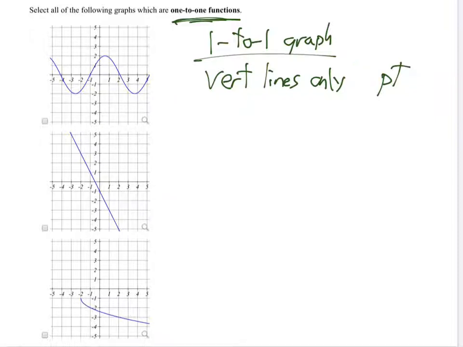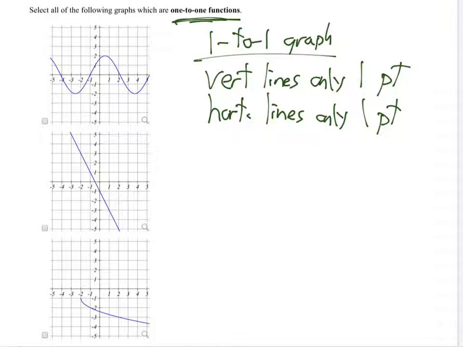That was what we had before. But now we're going to add a second condition, because 1 to 1 is even stronger. So what are we going to throw on in addition to the vertical line test? Horizontal lines, also only 1 point. So now, not just vertical lines, but also horizontal lines must hit only 1 point.